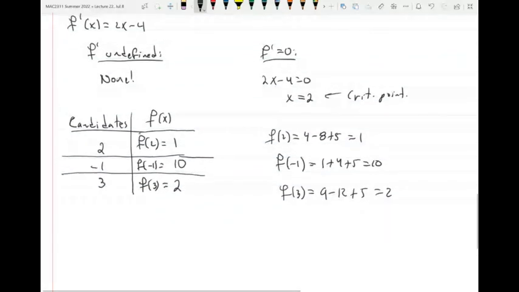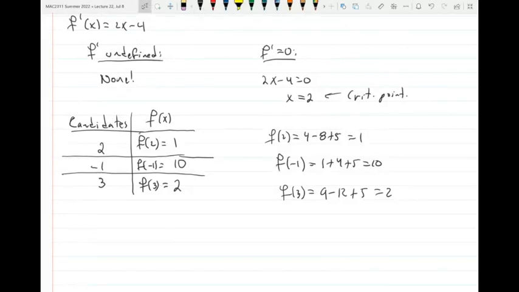Now we look at the y values, and from this list we need to select the maximum and the minimum. It's clear that the lowest value is 1, so this tells us that we have found a minimum, and the highest value is 10, so this tells us that we have found a maximum.